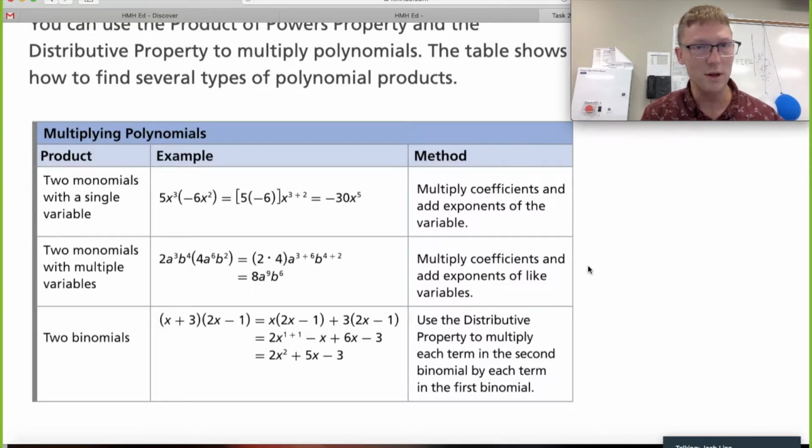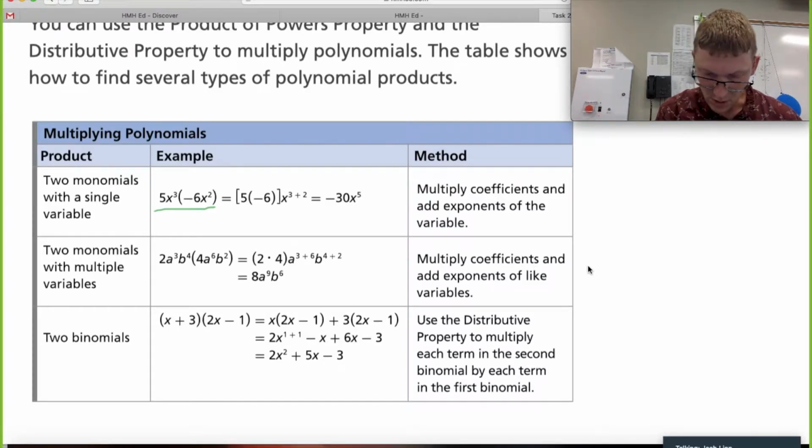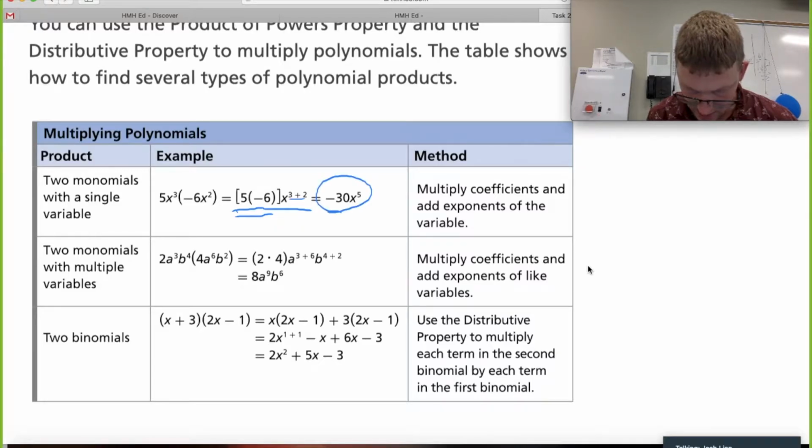Hopefully this is a review. If not, here we go. To make this happen, you are going to add the exponents, and you are going to multiply the coefficients. Remember, our coefficients are these right there. So you're going to add the exponents together, multiply the coefficients, and here's your answer.